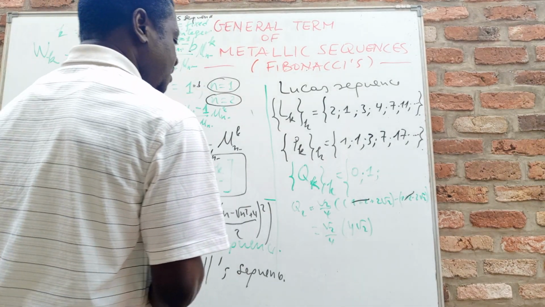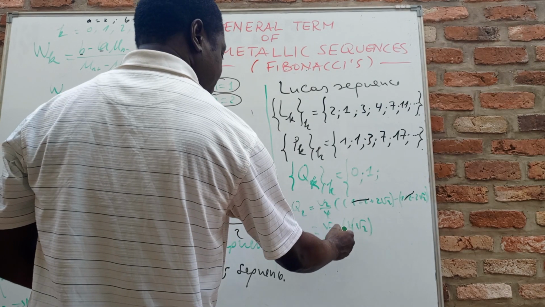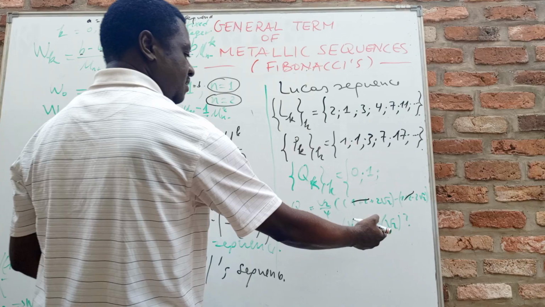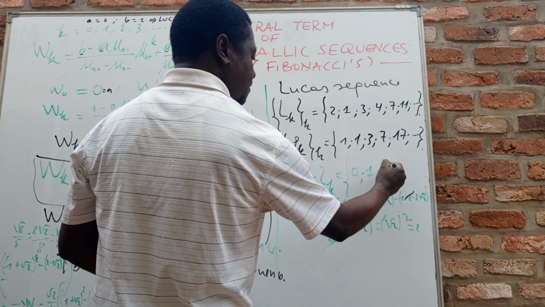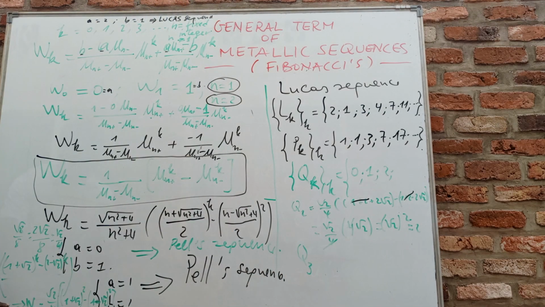In this case, square root 2 power 2 is going to be equal to 2. Okay, so Q3, which is here W3, is square root 2 over 4 times 1 plus square root 2 power 3 minus 1 minus square root 2 power 3, and so on.